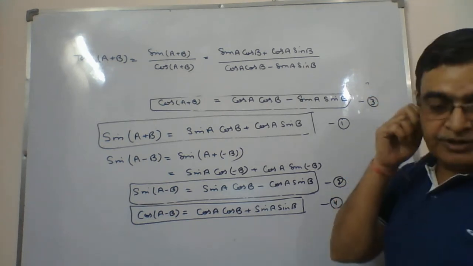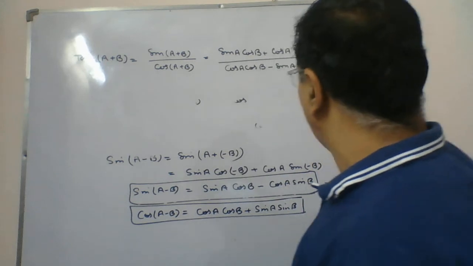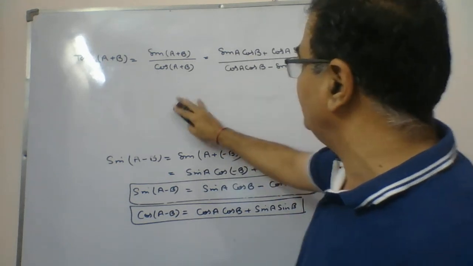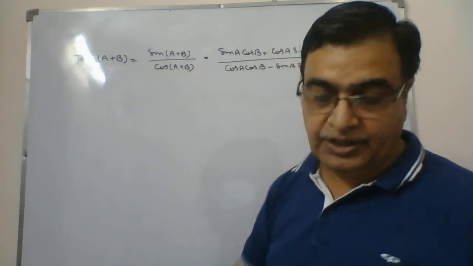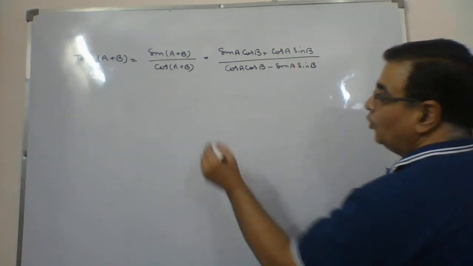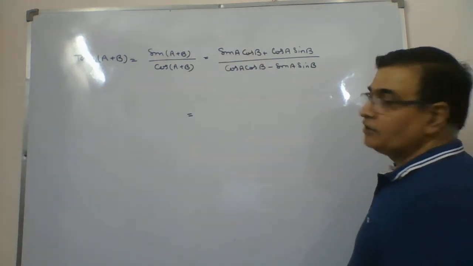Both the results we have written now. And now I want this result to be converted in tan. When we want to convert this result in tan, what we do here is divide numerator and denominator by cos a cos b.